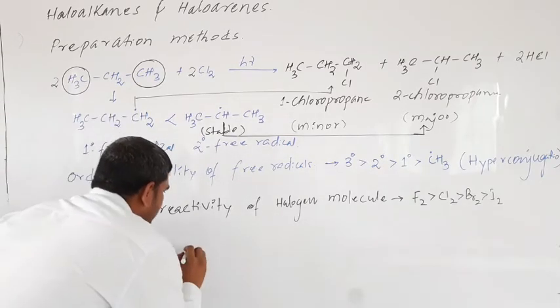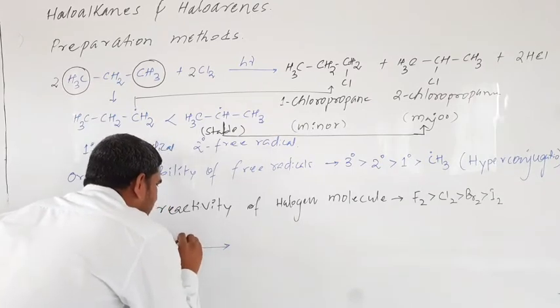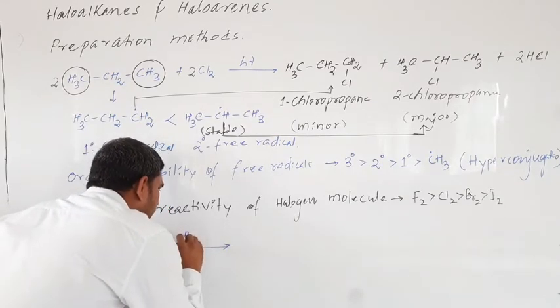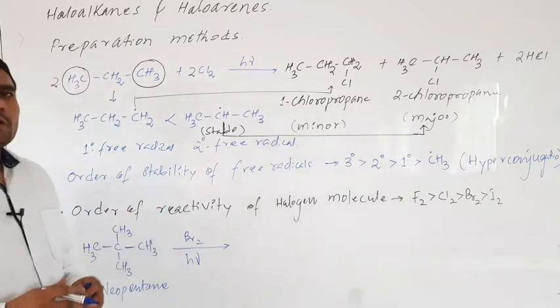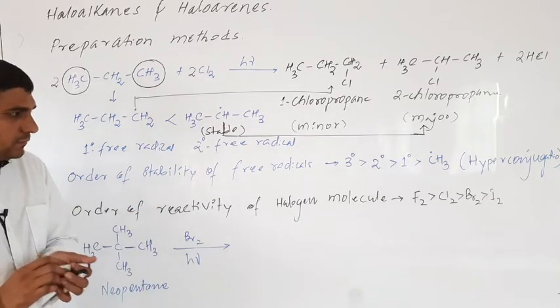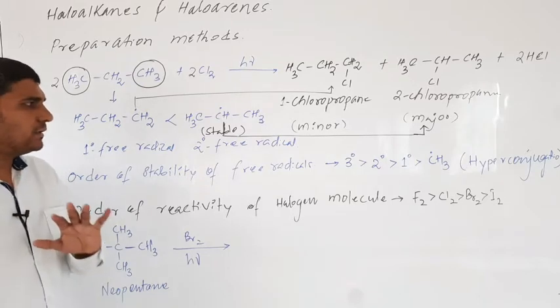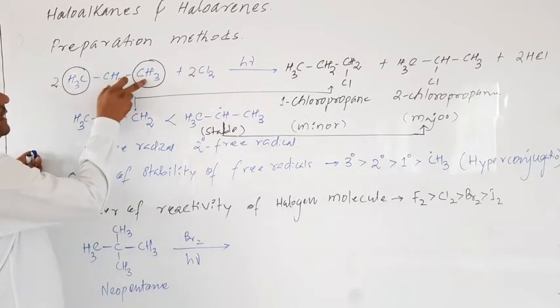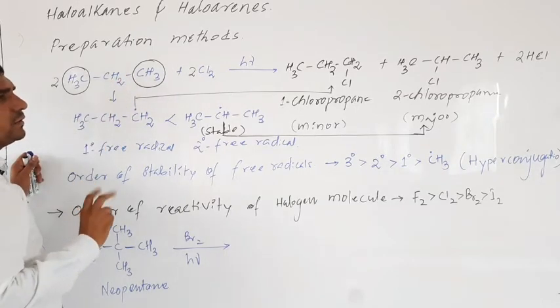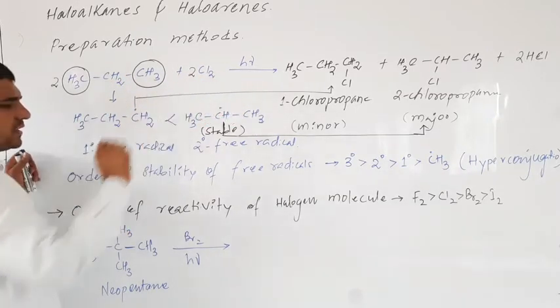Neopentane reacts with Br2 in presence of diffuse sunlight. What is the product? Listen carefully. Over here, how many different free radicals are formed? Only 1 free radical is obtained over here.